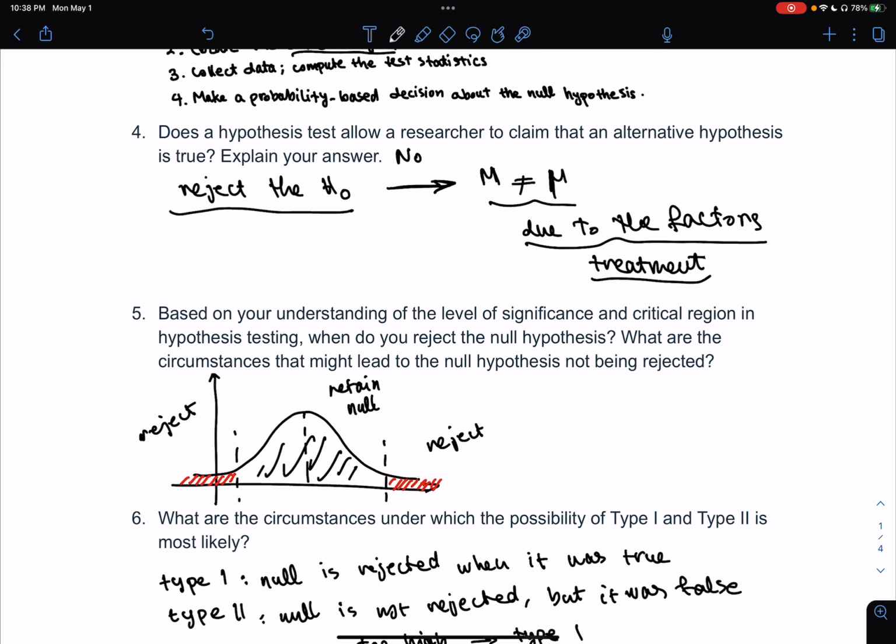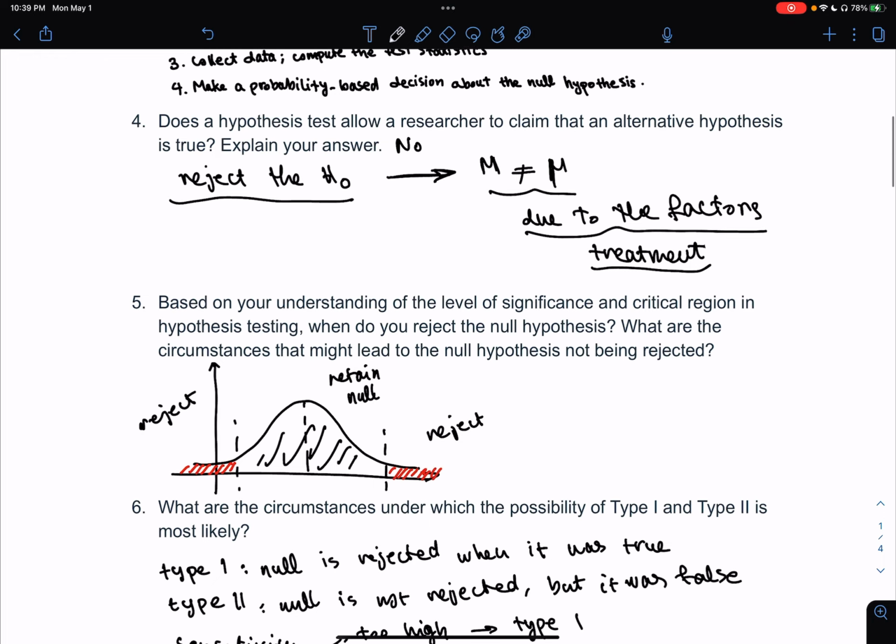It could be an error or different things. So rejecting the null doesn't automatically mean that all the difference that we had is due to the treatment. So we can't necessarily claim that the alternative hypothesis is true when we reject the null.